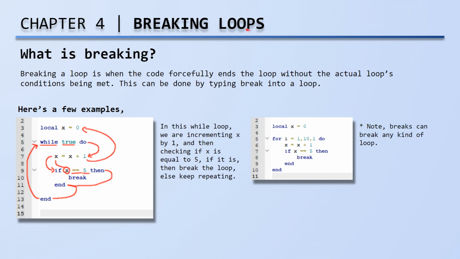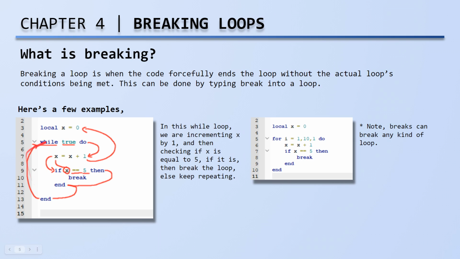Now we have breaking loops. So what is breaking? Breaking a loop is when the code forcefully ends the loop without the actual loop's conditions being met. This can be done by typing break into the loop. Here's for example, local x is equal to 0, right? And then while true do, x is equal to x plus 1, so we're incrementing it by 1, and if x is equal to 5, then break it.